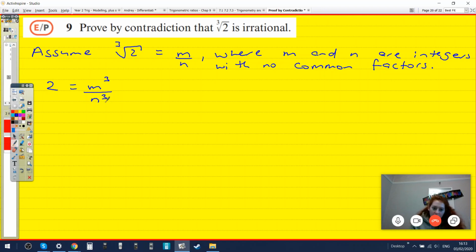Would I then times the n cubed to 2? Yeah. So if m cubed is a factor of 2, 2n cubed is even because it's times by 2.